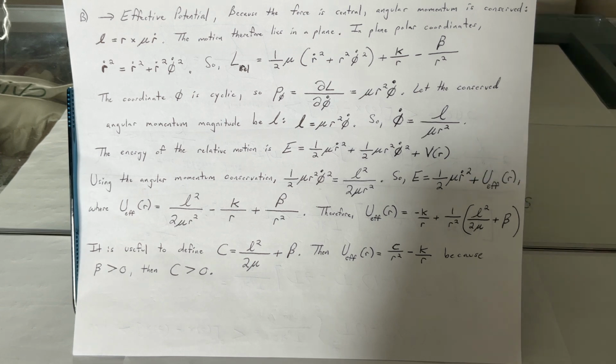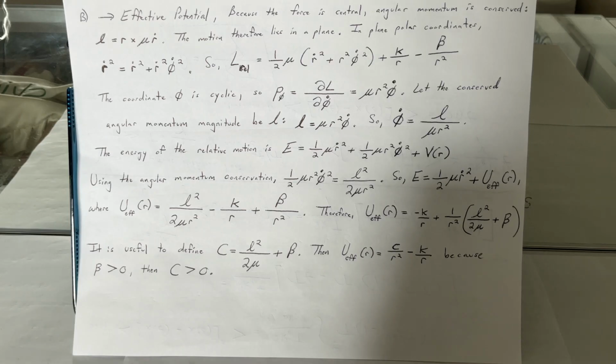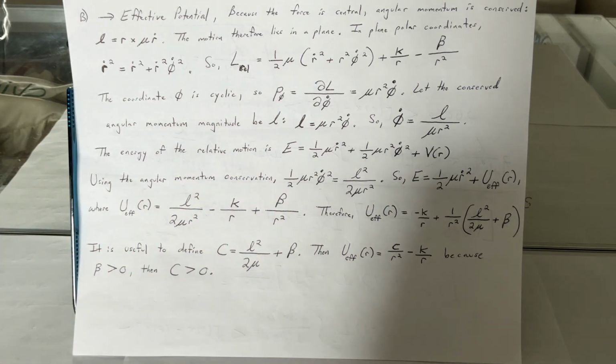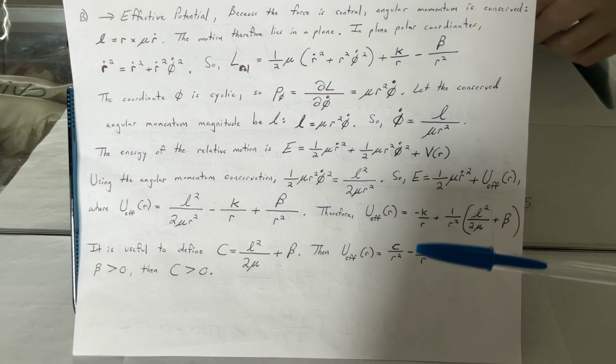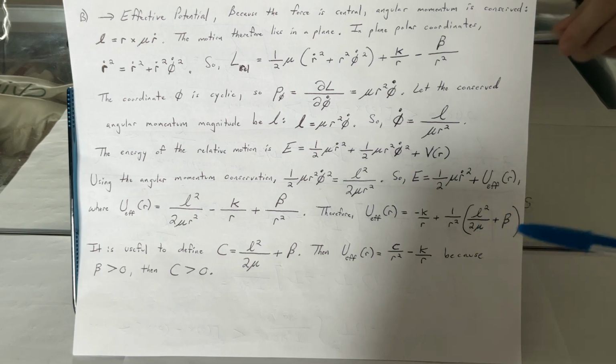So E is going to equal 1/2 μ r dot squared + U_eff(r). And that is where U_eff(r) = L²/(2 μ r²) - k/r + β/r². And therefore, U_eff(r) = -k/r + (1/r²)(L²/(2μ) + β).